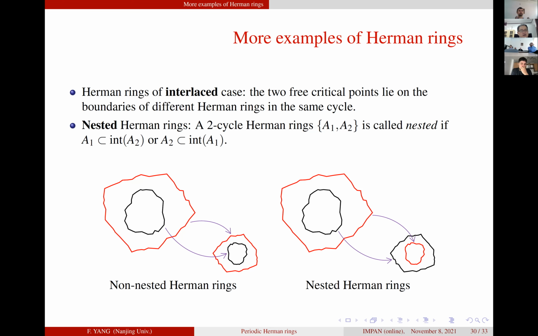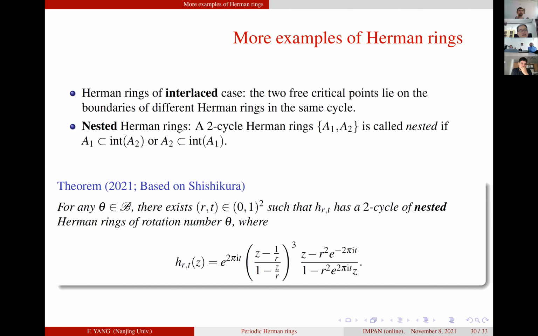And we can also construct some nested Herman rings based on Shishikura's surgery. For any theta, there exists a pair R, T such that H_RT has a 2-cycle of nested Herman rings of rotation number theta. This is also a Blaschke product of degree 4.